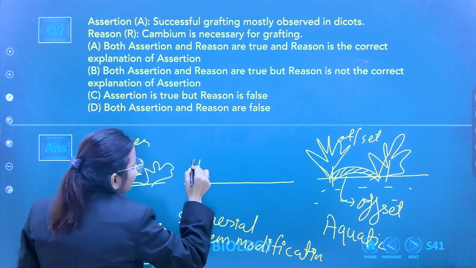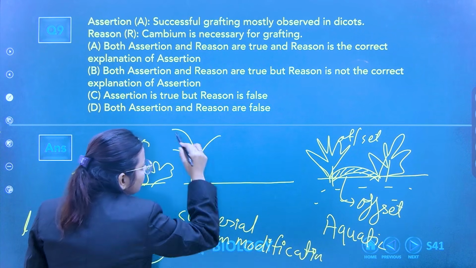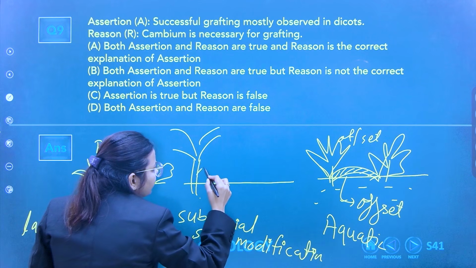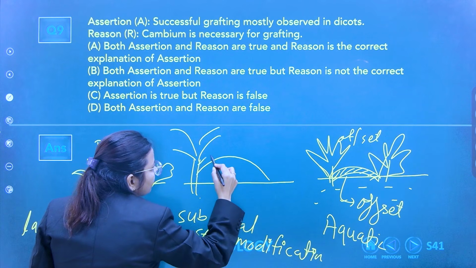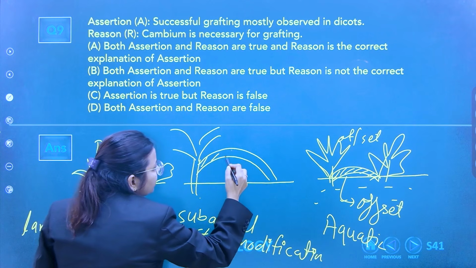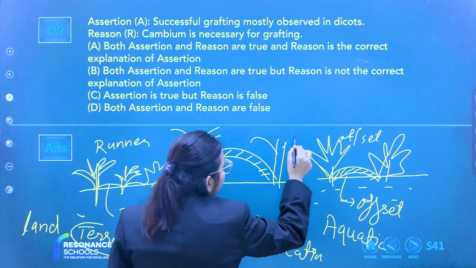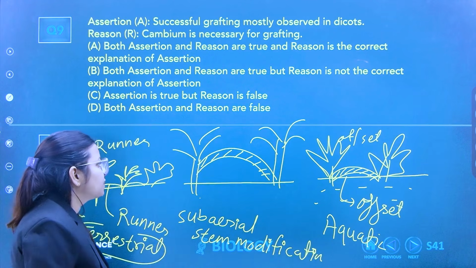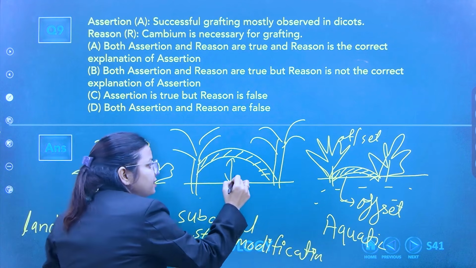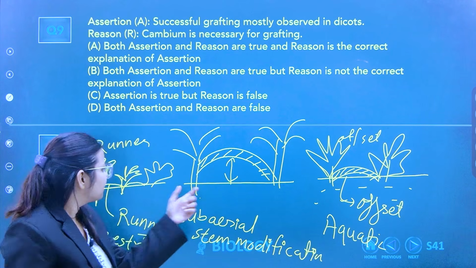See, this is your plant, and a branch is arising from here. So this is your stolon. A new plant will be formed here. Can you see the difference? This is runner.